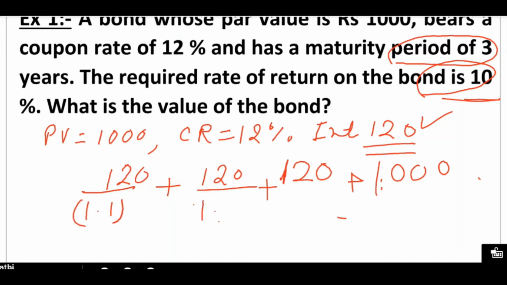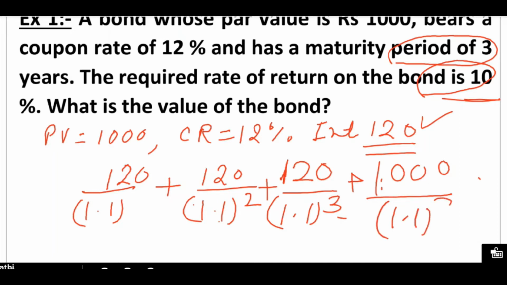Here 1.1 whole square, for 2 years. For the third year, it is 1.1 power 3. Again, this is 1000 rupees at the end of 3 years, so 1.1 power 3. In this way we are getting all the values, which are the present values.